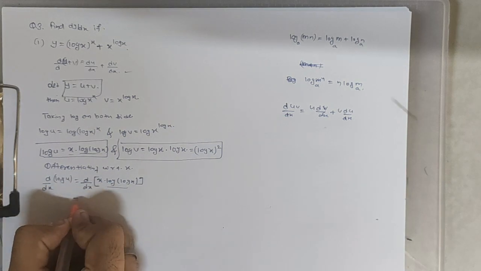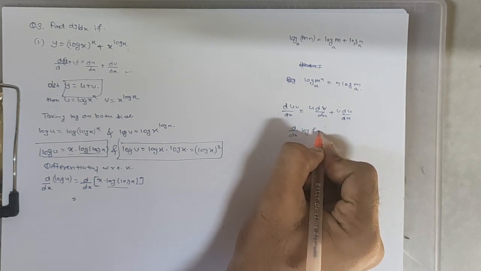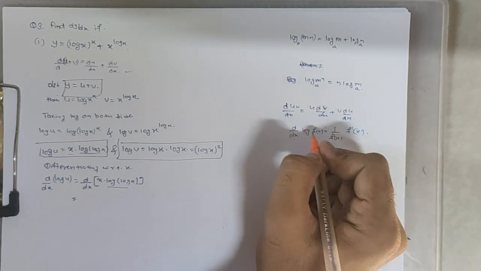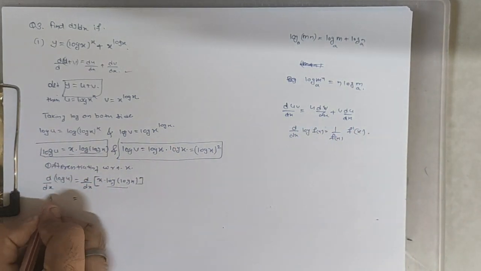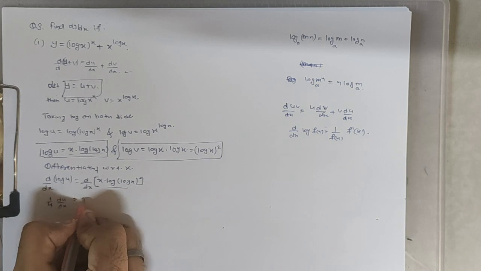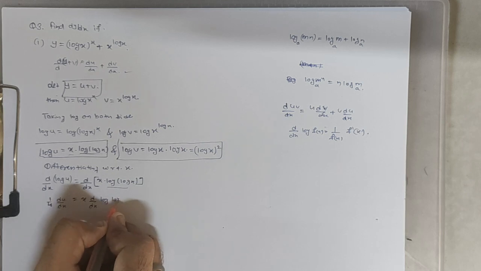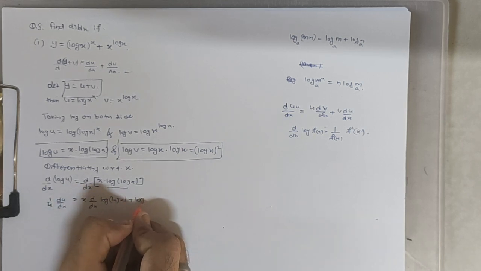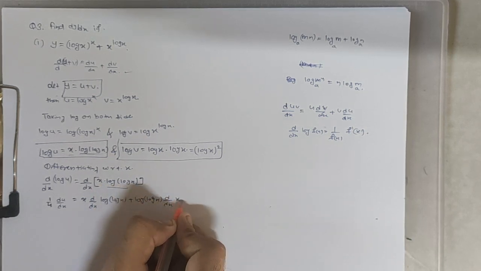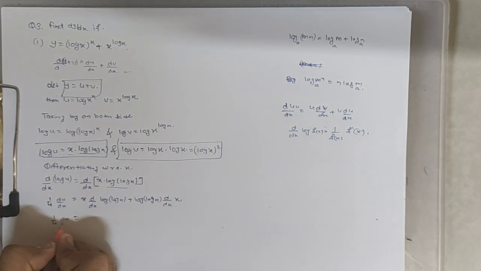And differentiation of log of f of x is 1 upon f of x into f dash of x. So this will be 1 upon u into differentiation of u with respect to x. Now here, x into differentiation of log of log x plus log of log x into differentiation of x. So this will be 1 upon u du upon dx.